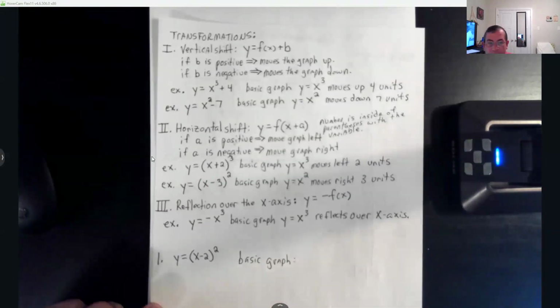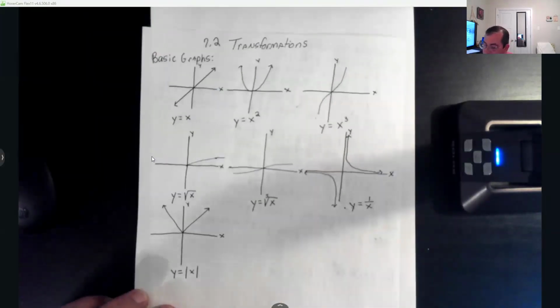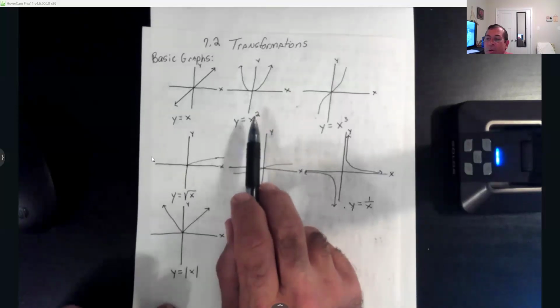Now, what's leading me on is I see an exponent of 2, and if you look at these basic graphs, the only one with the exponent of 2 is your x squared graph, okay?